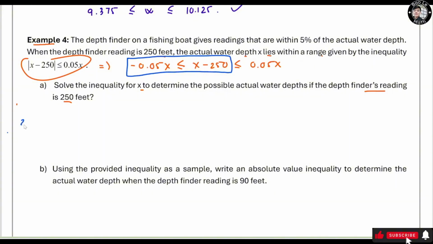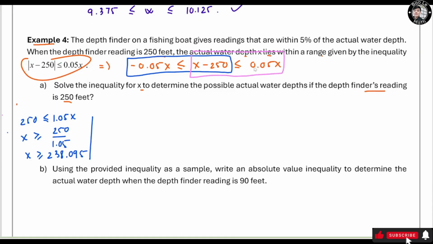It turns out to be 250 less than or equal to 1.05 S, right? Divide both sides by 1.05. So S greater than or equal to 250 divided by 1.05, S greater than or equal to 238.095, right?